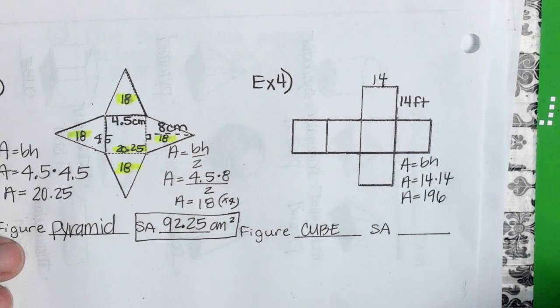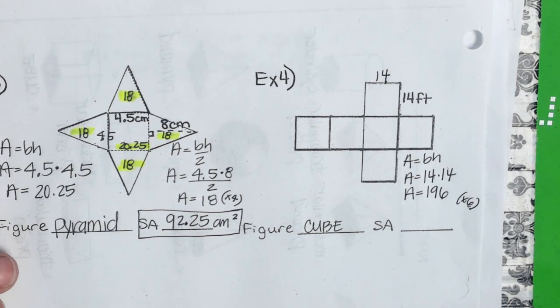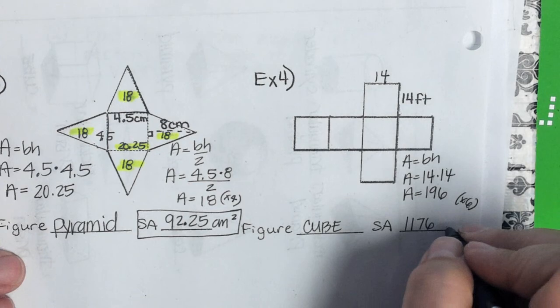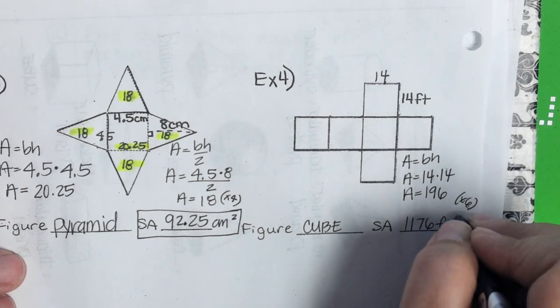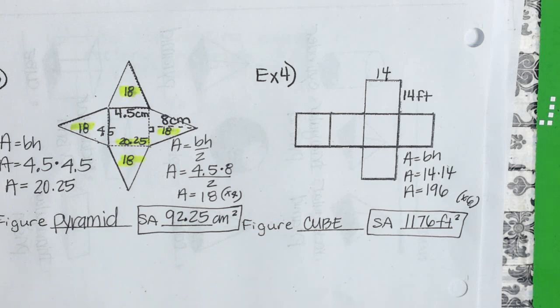Now, because we have 6 sides that are all the same, can we multiply that by 6? 1,176, and that is feet squared. That is a big cube. I hope we only have cubes. Wouldn't that be great? I'm going to go ahead and stop this.